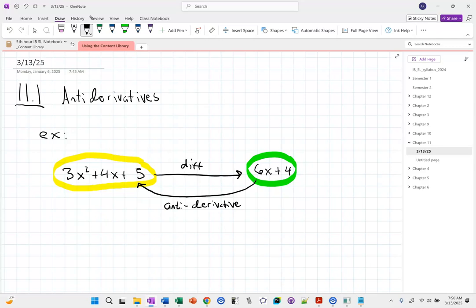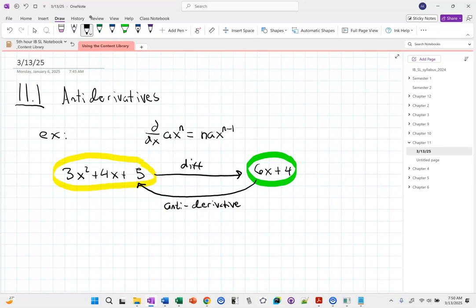Is everybody okay there? What was the rule that we had for how to find the derivative of something? We had that, right?